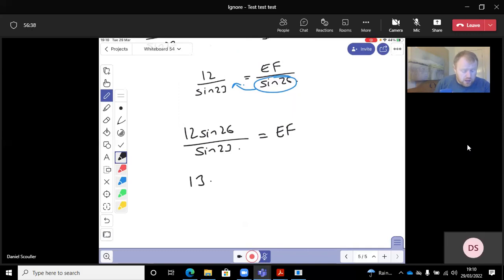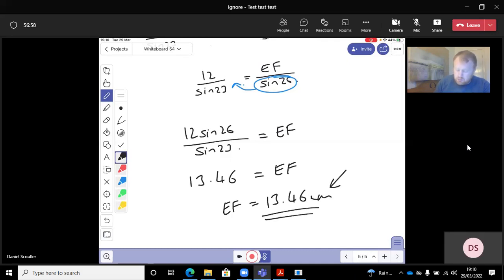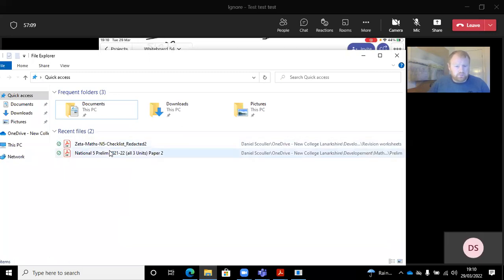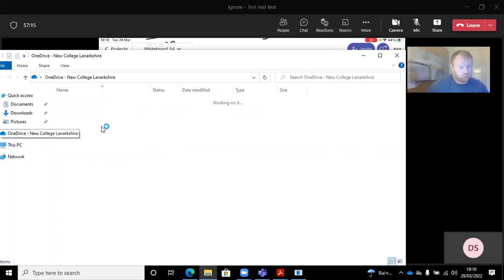Take it to 2 decimal places unless they ask. So EF. Remember the units. I think you get a mark in that question for the units. Just check the marking scheme.